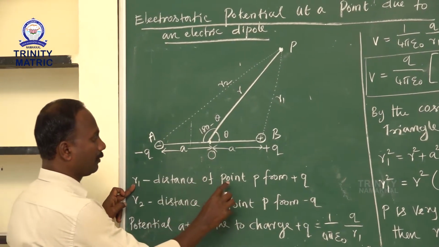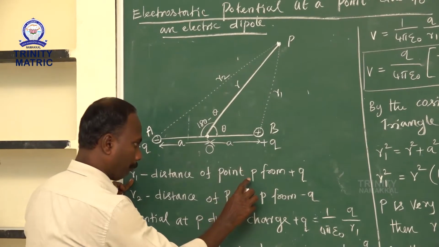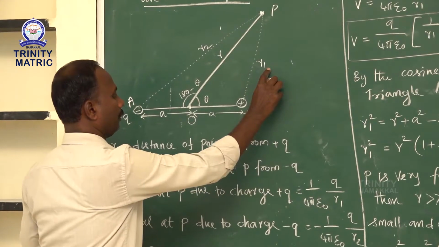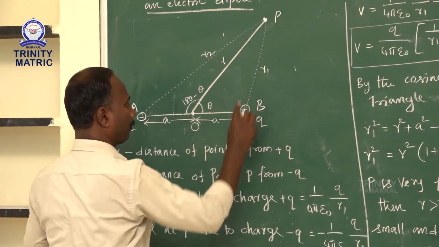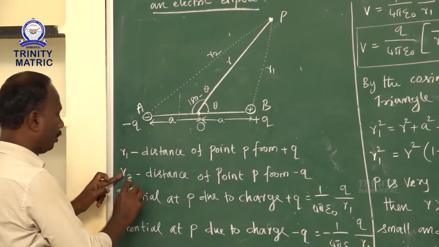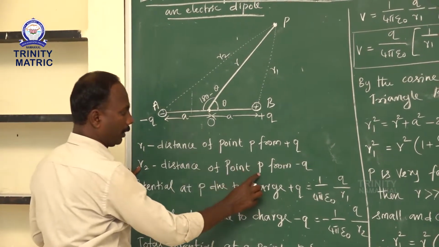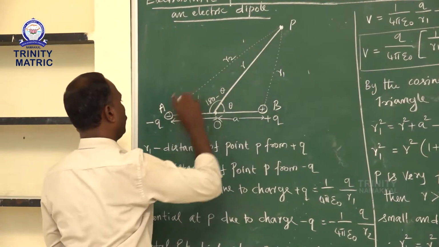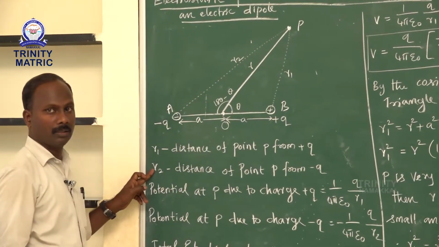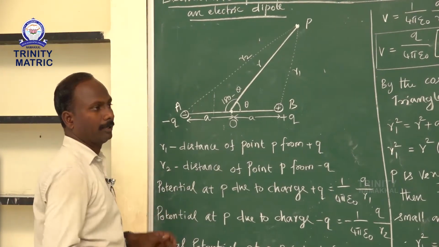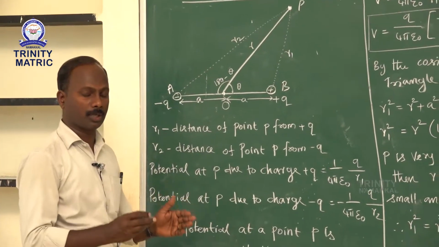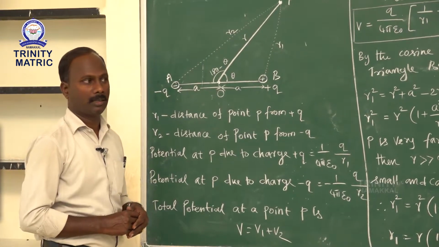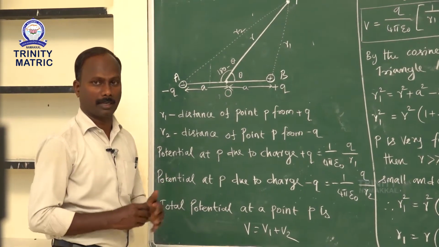R1 is the distance of point P from plus Q. Then R2 is the distance of point P from minus Q. Now, we already know the expression for electric potential, V is equal to 1 by 4 pi epsilon naught Q by R. That is the common formula.